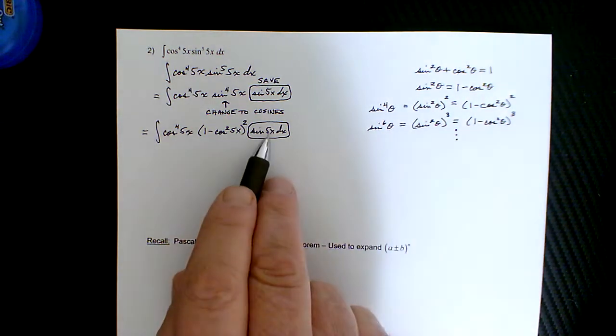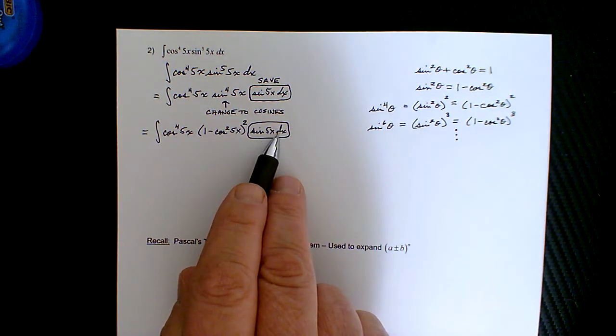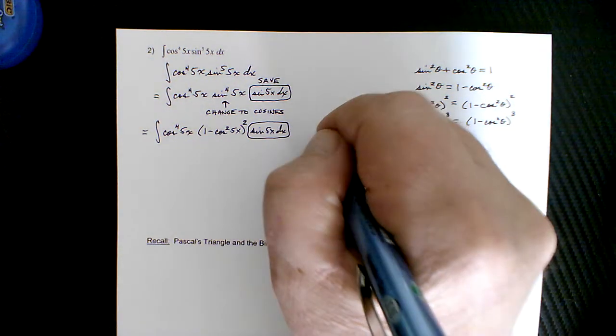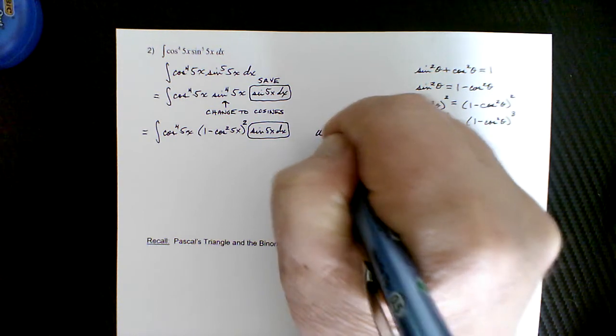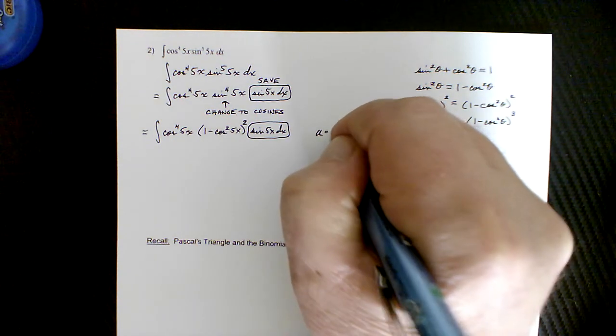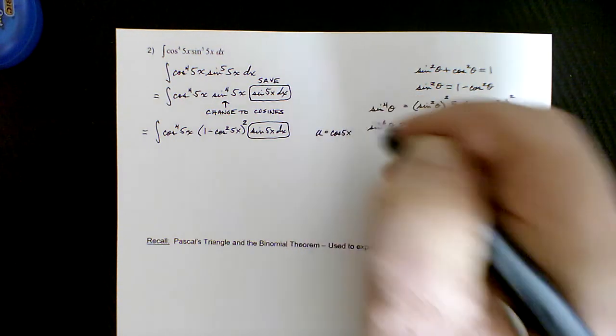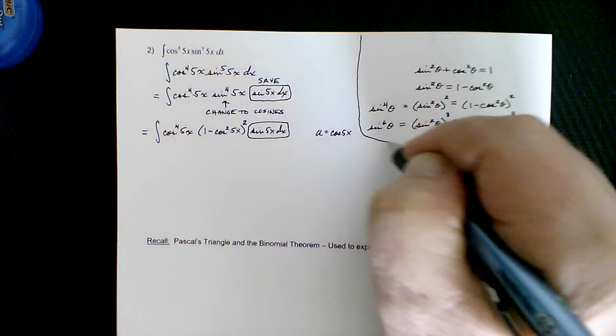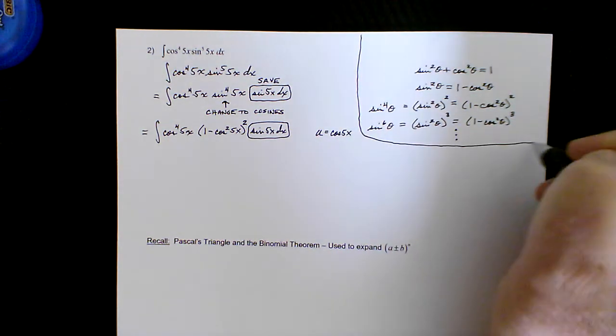And now's the time where we want to start the u substitution process. Once we get to a point where we've forced the du to exist and we changed everything else to be in terms of the u that produces it, then we start the u substitution process. And we're going to choose u to be the cosine of 5x. Again, never the power. Let me put a little line here so you know that that's from off to the side.